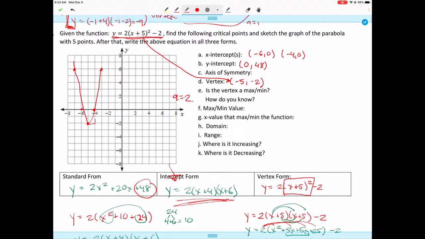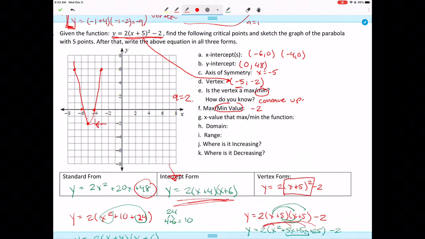Axis of symmetry. Axis of symmetry is the x value in our vertex. So x equals -5. Is there a vertex, a max or a min? It's a min. How do you know? Concave up. What is that min value? -2. That's the lowest value on that graph is -2.